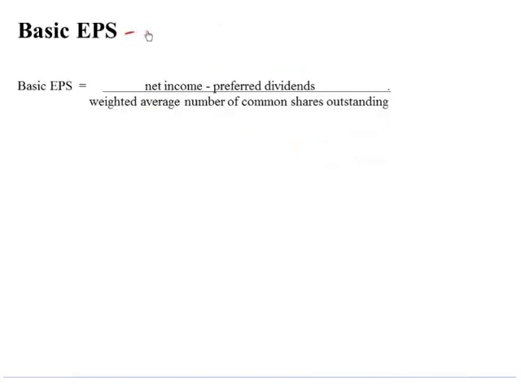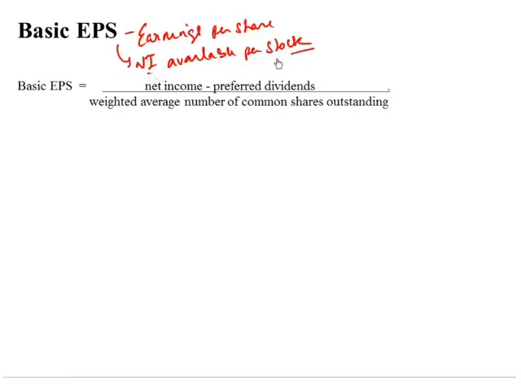So EPS stands for earnings per share. That is the net income available for each stock, or the earnings available per stock. The basic EPS is calculated as the net income minus the preferred dividends.